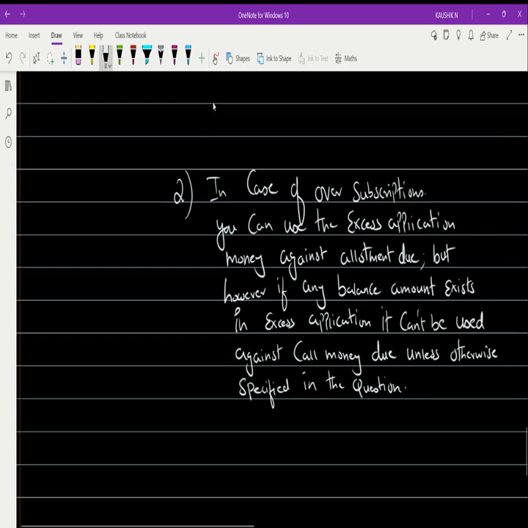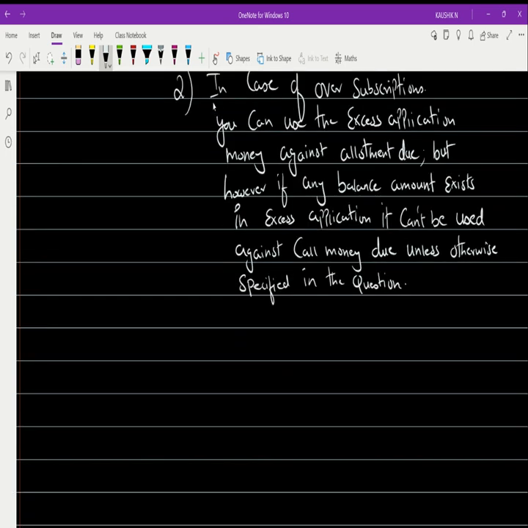Also, when it comes to the oversubscription case where you have a category based problem, you'll come across these problems.